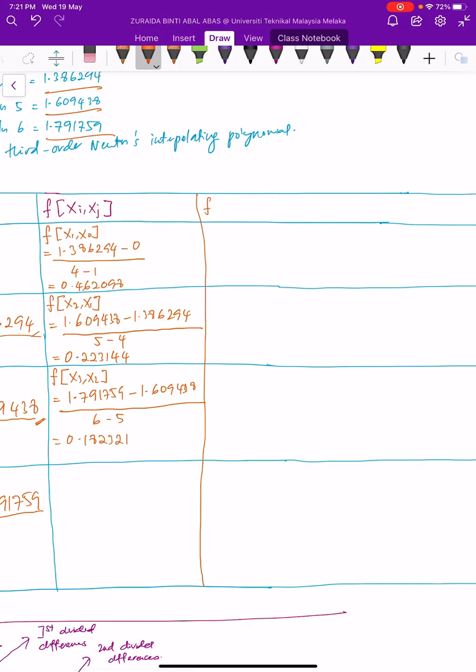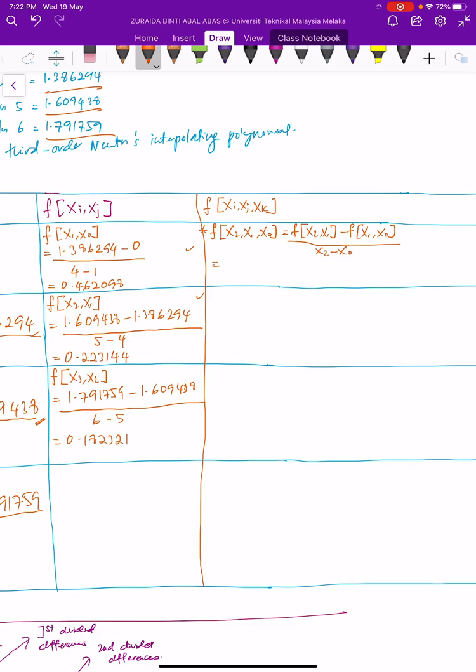Now you need to carry on with finding the second divided differences, which involve xi, xj, and xk. The first row here is a combination of this one and this one. So the second divided difference for points x2, x1, and x0: you need the first divided difference f[x2, x1] minus f[x1, x0], divided by x2 minus x0.